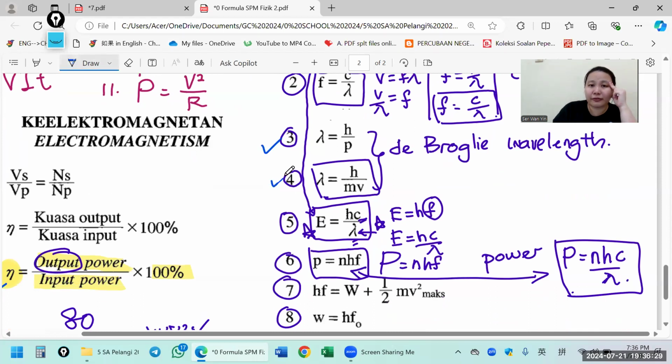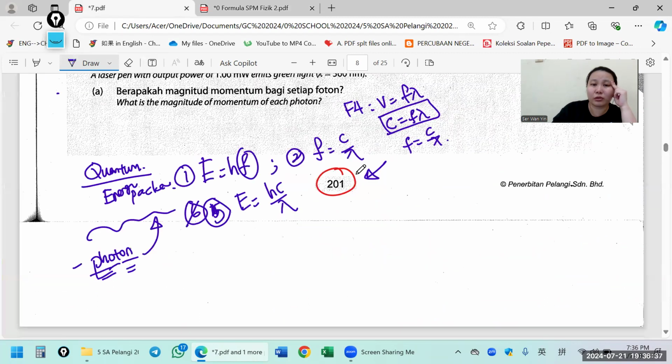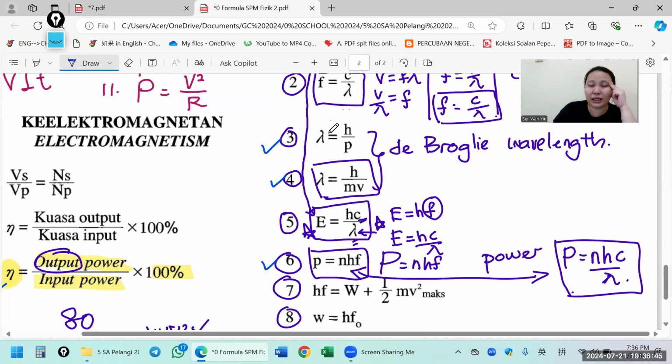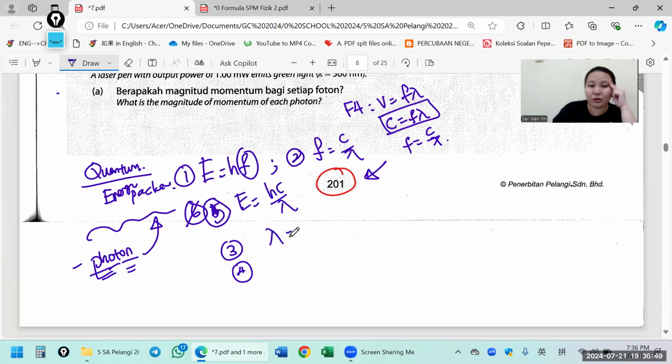Okay, then now come to number 3 and number 4. So this is 1, 2, 5. Now number 3 and number 4, what do we get? We get lambda equals h over p. So lambda equals h over p, so lambda equals h over mv.